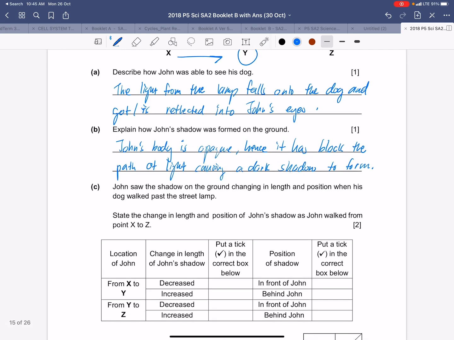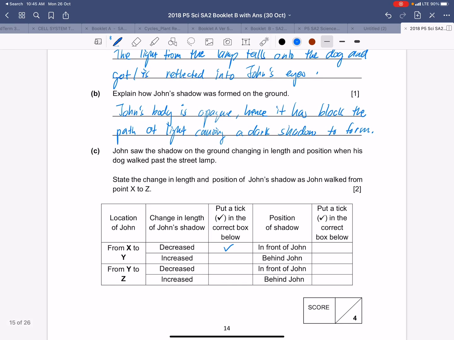So basically, John's shadow should decrease, and the position of the shadow is behind John.